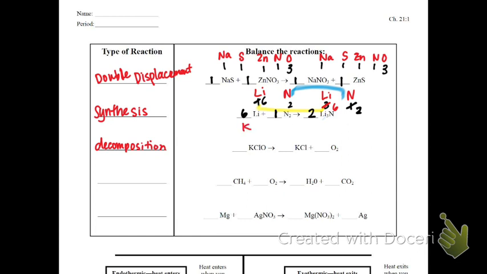We have K's, Cl's, and O's. One. All right, so what do we need to start with? The O's. So this first one needs to be a 2. What happens to all of these?